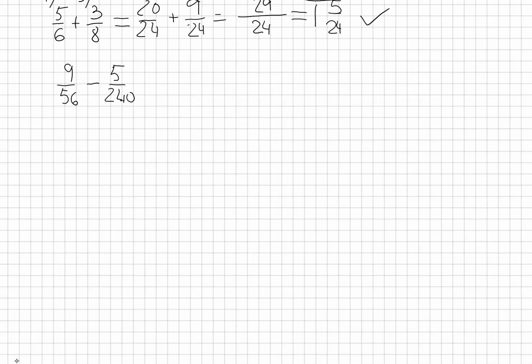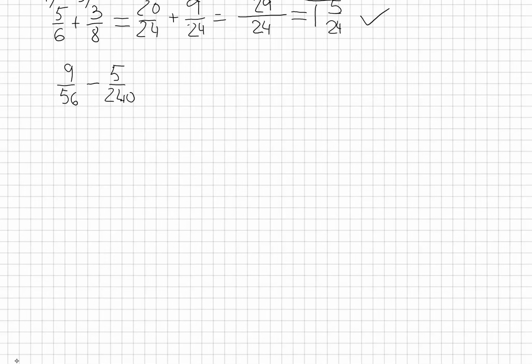You could use the same method. Look at the largest of the denominators, 240. Is it a multiple of 56? No, not really. If it takes you longer than 10 seconds to find the common denominator, just use the pen and paper method. So I won't even go there.